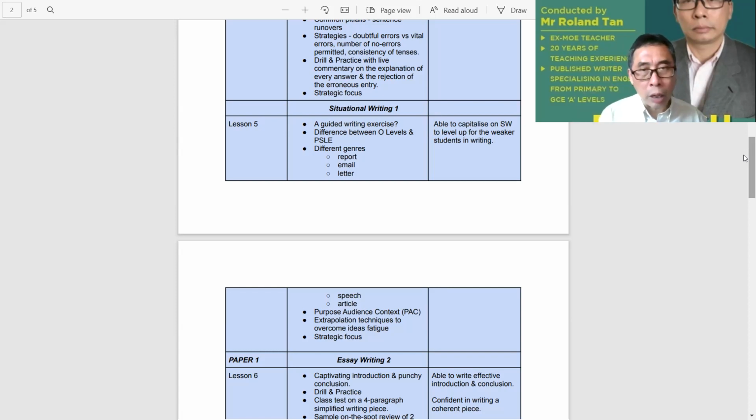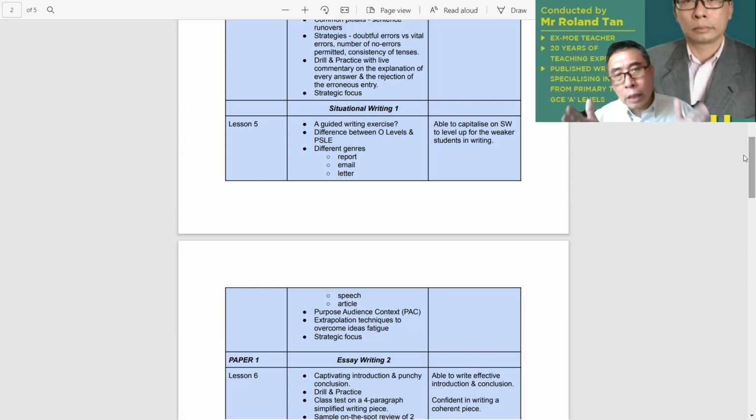You're given a task and you have to make certain decisions, all right? So if you follow the pointers and put together all the relevant items that you're supposed to include in your writing to fulfill your task, you will be in good hands.